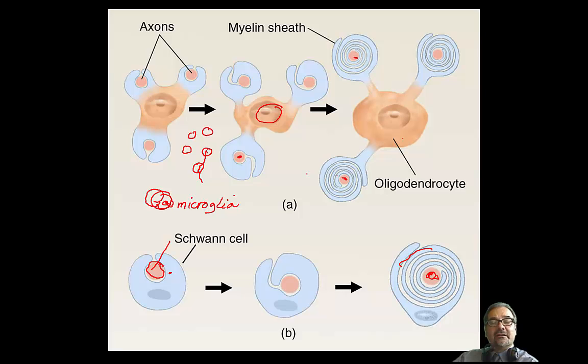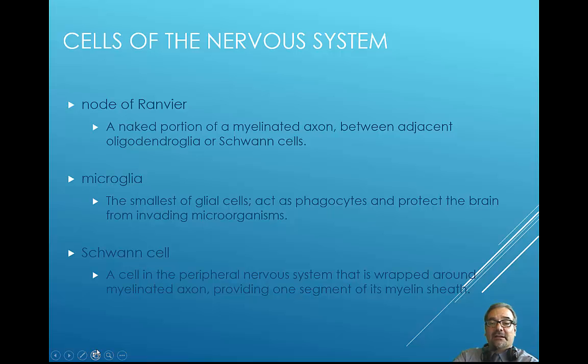Okay, so these are the four types of glial cells that I would like you to be aware of, and I want you to know their functions. Let's move on. By the way, on your slides, you're going to find a lot of definitions.